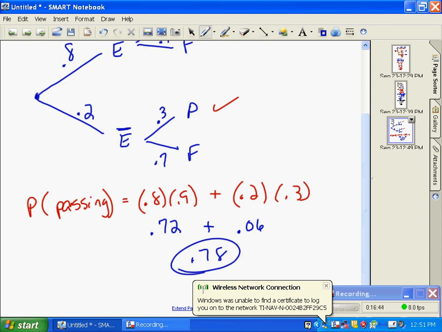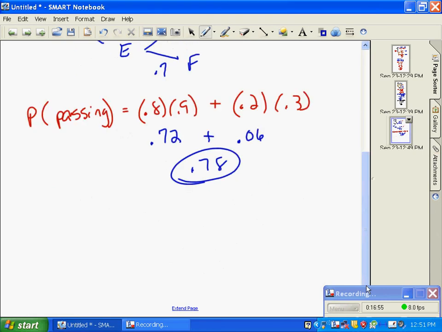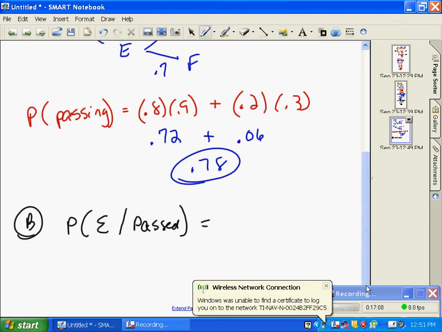Okay, that's part A. Part B. What is the probability that he or she was among those eligible given that the applicant passes the admission test? Okay, we have done these problems before. These are not new at all. Part B is asking, what's the probability that you were eligible given that you passed it? So what I'm trying to find is the probability of E and P divided by the probability of passing.